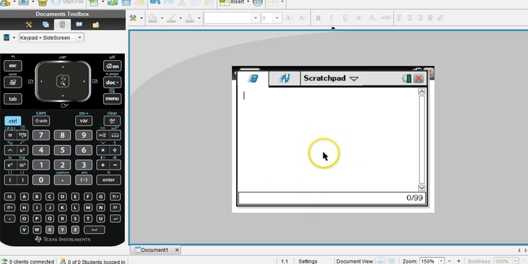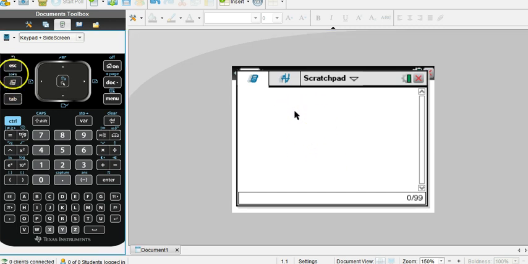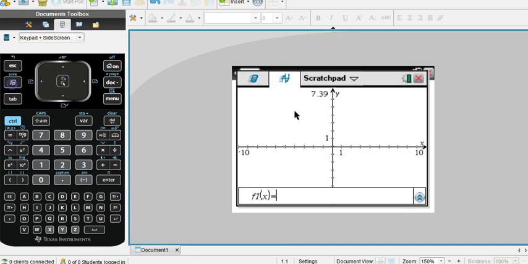So turn your calculator on. If it's on the calculation screen, just go ahead and hit the button right below escape. So here's the escape button. Go ahead and hit the button right below it, and it'll switch it to the graphing portion of the calculator. At the bottom, let's go ahead and type in one of our equations.